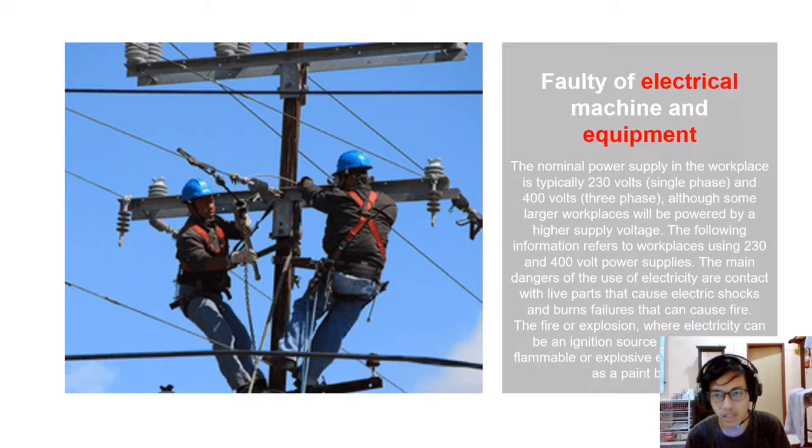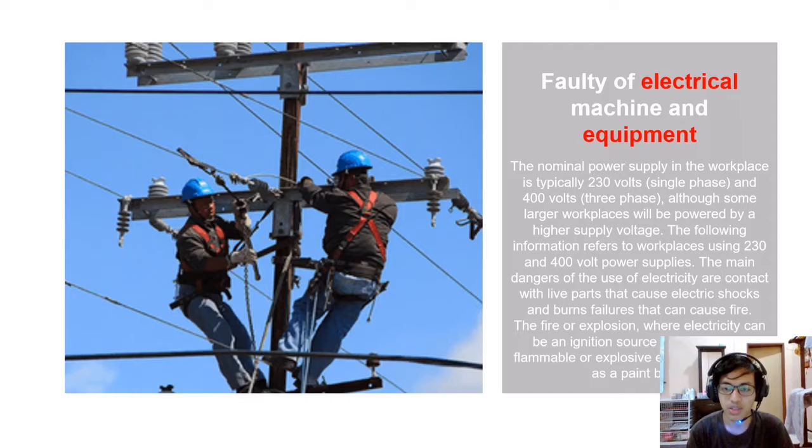The second one is faulty electrical machines and equipment. The nominal power supply in the workplace is typically 230 volts single phase and 400 volts three phase, although some larger workplaces will be powered by a higher supply voltage. The following information refers to workplaces using 230 and 400 volt power supplies.